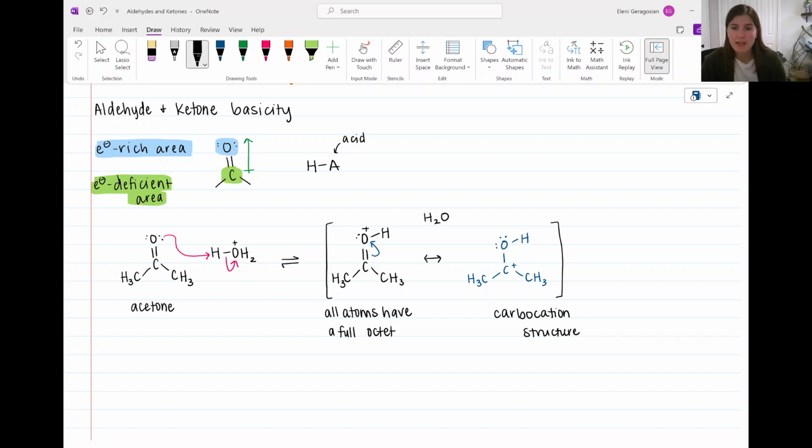So showing that a valid resonance structure has a positive charge on the carbon indicates that that carbon is even more electron deficient than before the molecule was protonated. So it helps us understand overall properties of the molecule. Remember that the actual molecule that exists in nature is a hybrid of all of the resonance structures. So we can show the different resonance structures to understand properties of the molecule.